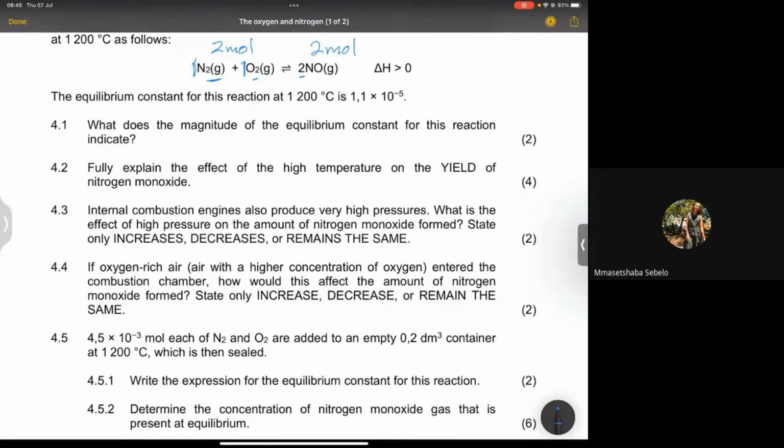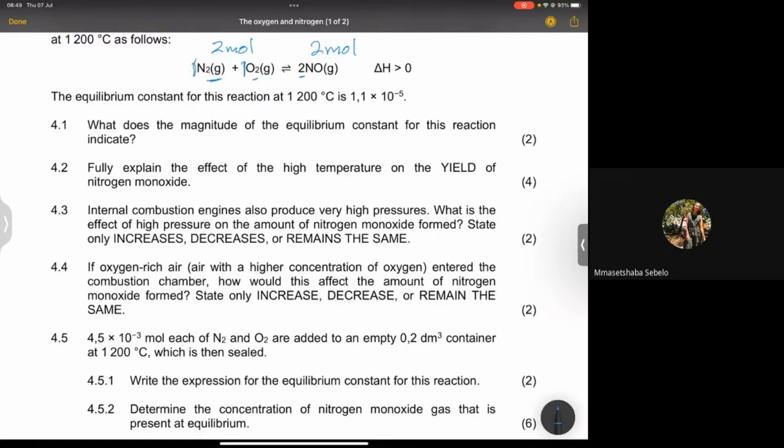Now, I want you to note an increase in pressure will always favor the side with fewer gas moles. So if you've got fewer gas moles on the right-hand side, we will favor the right-hand side when we increase pressure. But this time, what do you notice?